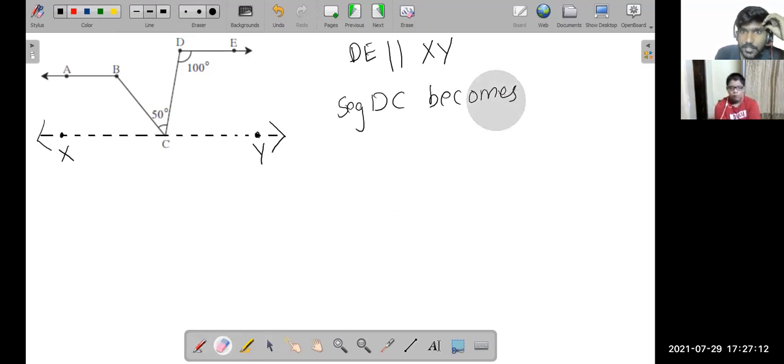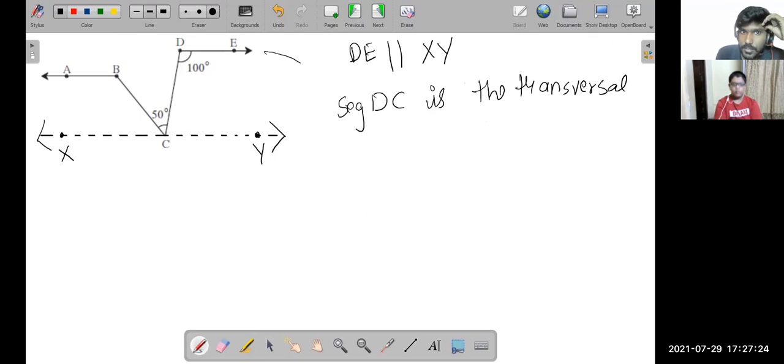Segment DC is the transversal. Is this clear? These lines are parallel to each other, so this DC is the transversal. If you extend DE like this, DC becomes a transversal.